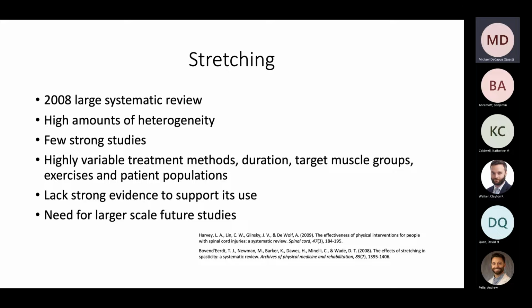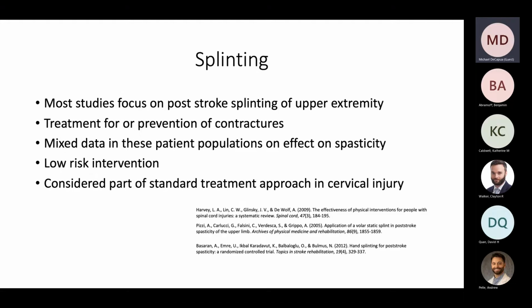It's often used in both the inpatient and outpatient setting as part of the therapy regimen to improve a patient's overall range of motion and thereby improve the spasticity in an affected limb. I think this is a really good opportunity for more studies in the future. It's a relatively low-cost and possibly high-benefit area for patients to experience more effects of what we're doing in conjunction with the medications that we're giving.